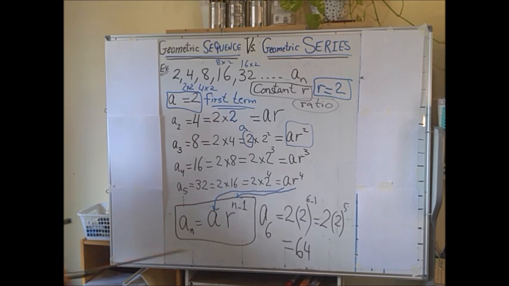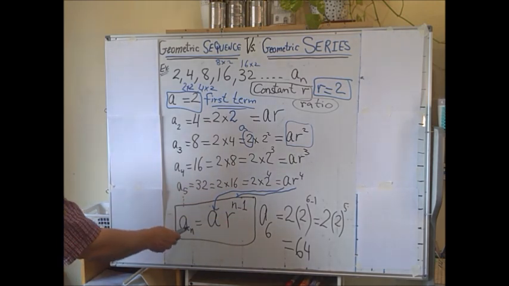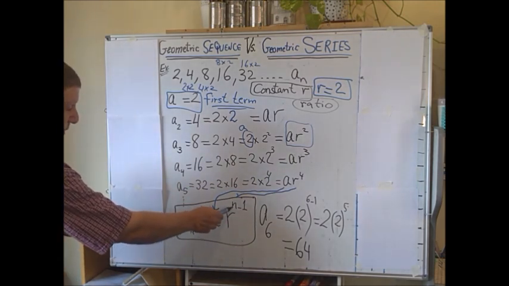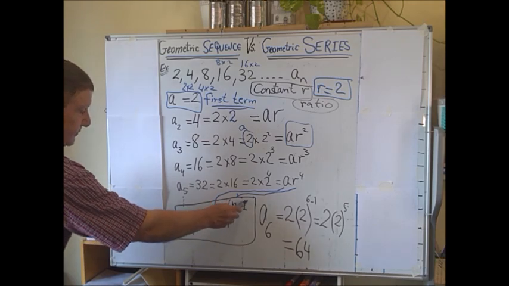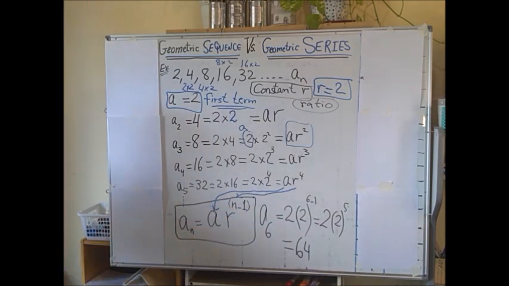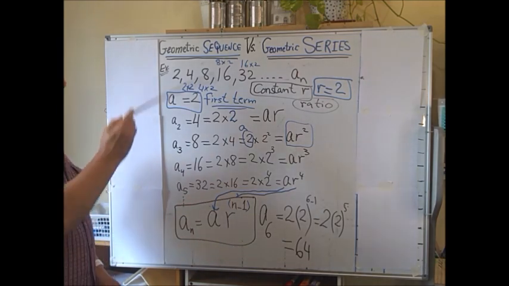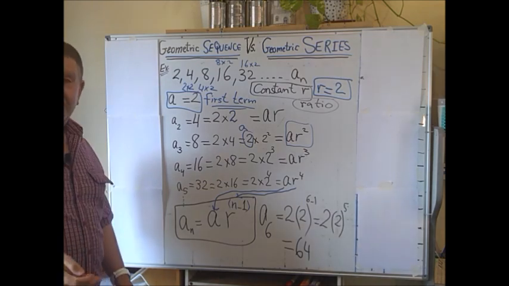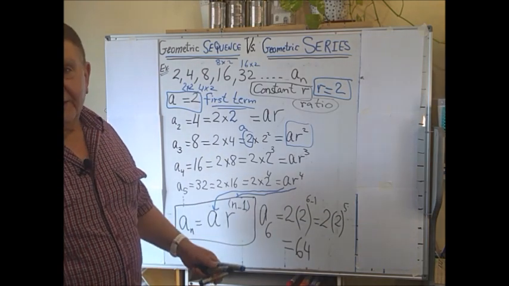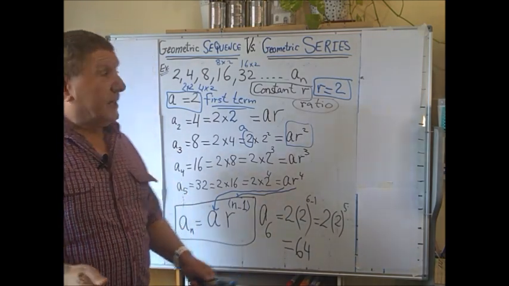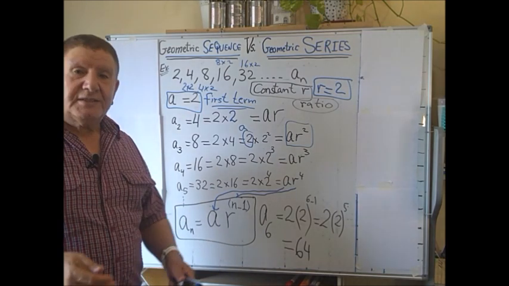So it's always one less. That's why we say this is R to the power n minus 1 altogether. So this gives you the formula to find any term in that geometric sequence, and this can be applied to anything, as long as you have a geometric sequence.